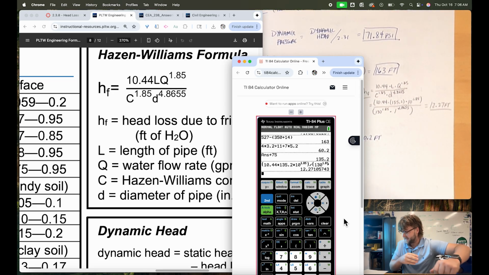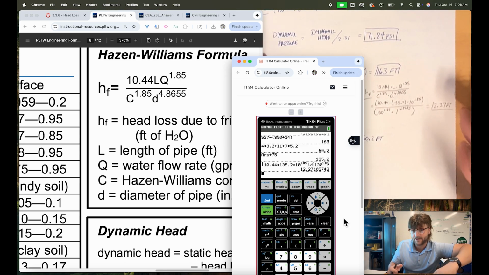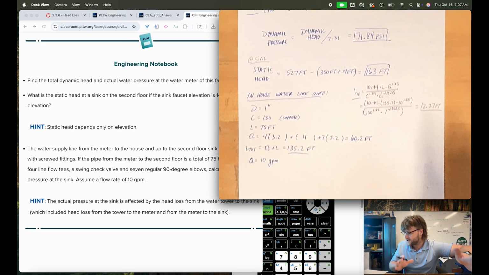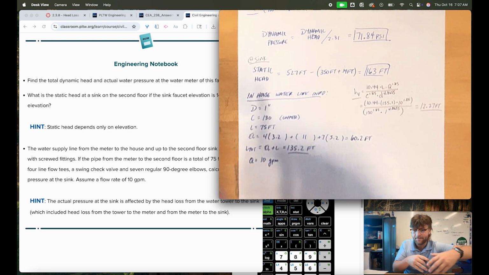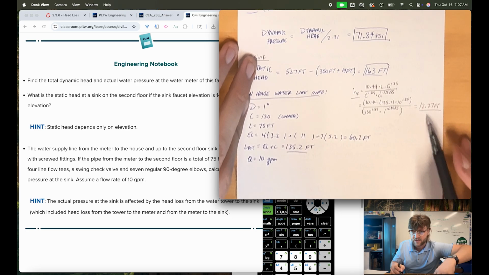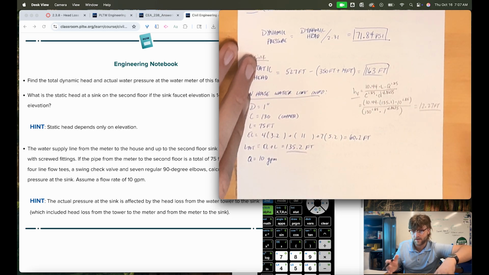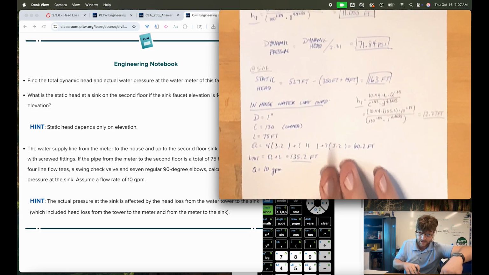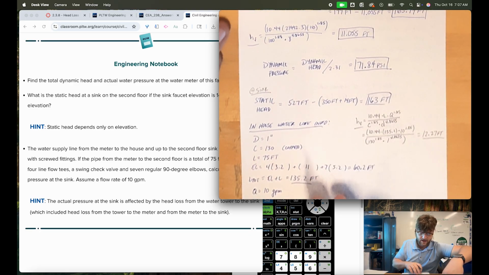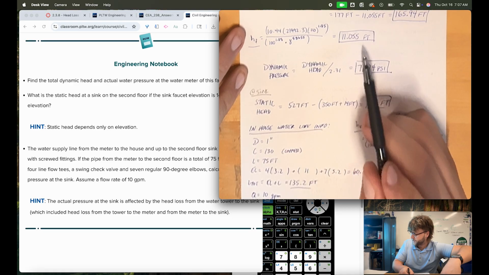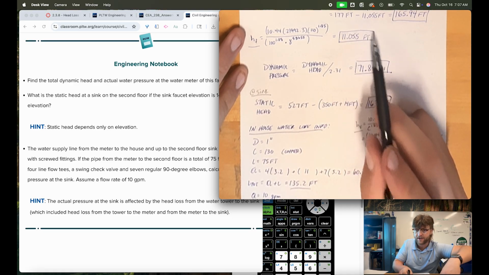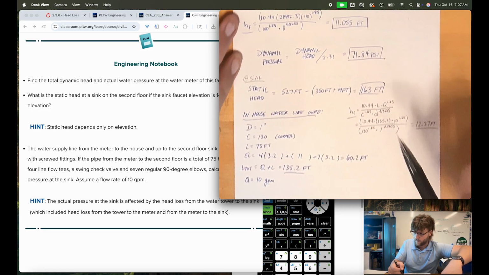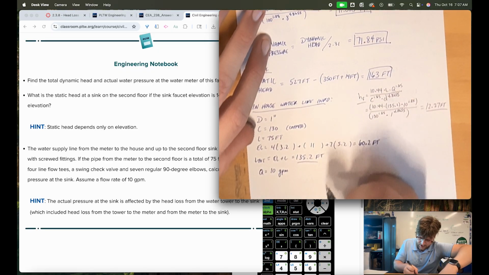Now, let's calculate the total head loss from the tower to the sink. In terms of the total head loss from the water tower to the sink, we have this 12.27 feet of water that we're losing whenever it's inside the house, once it goes through this copper pipe. But then we also have the head loss from our previous 8-inch diameter iron pipe as well, right? So we can calculate that total head loss.